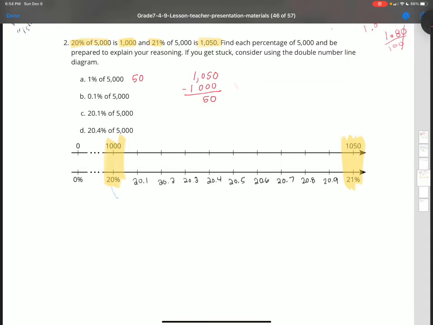If I wanted to check my answers, I could put 1 over 100, and this is 5,000. What's missing is the part. So I'm going to get 5,000 divided by 100. The zeros could cancel out, and aha, it is 50. So the theory is correct. Okay. So we found that.